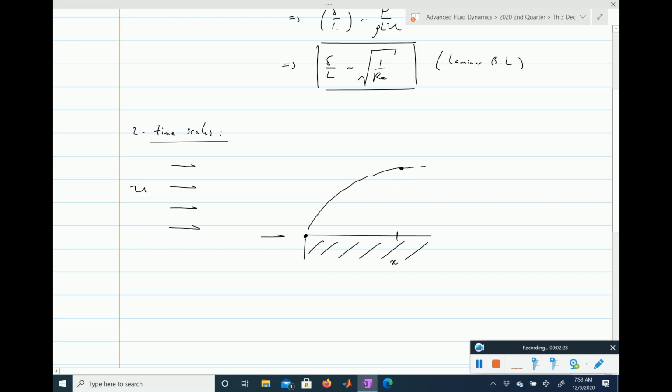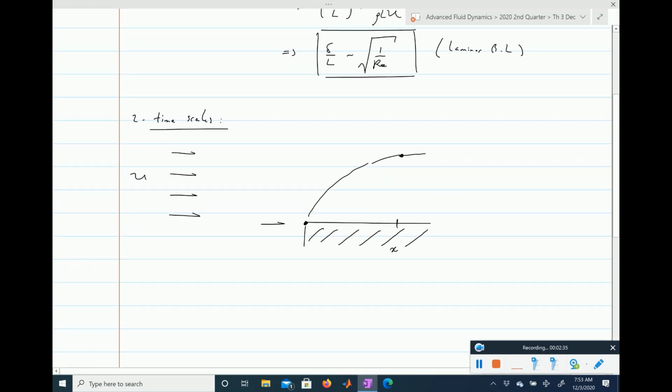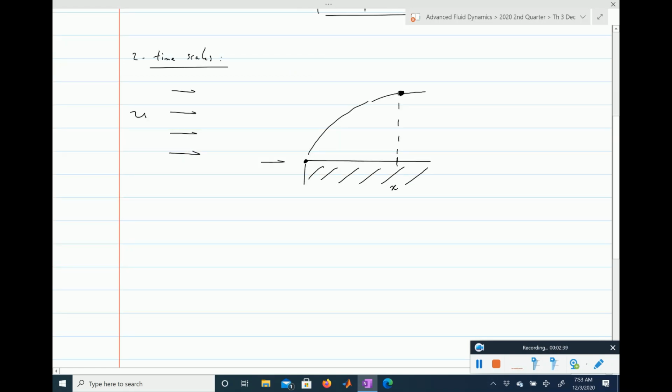We'll have permeated the viscous penetration depth, if you want. So remember that at this interface we have a no-slip boundary condition. Because of the shear, we have creation of vorticity at this boundary.